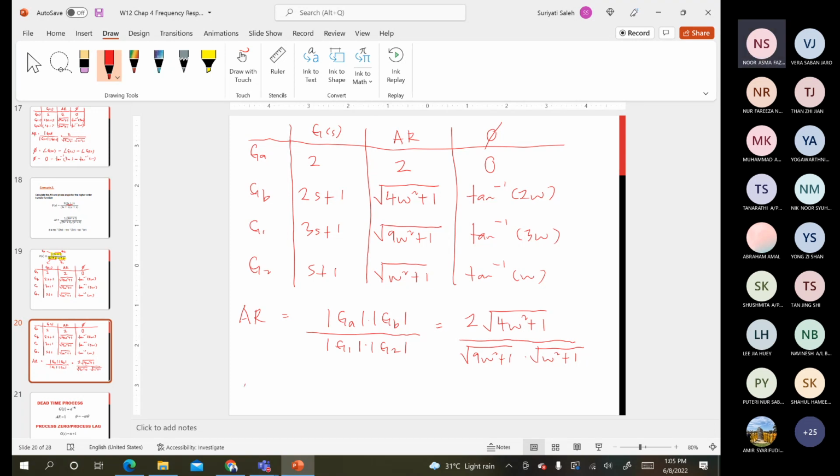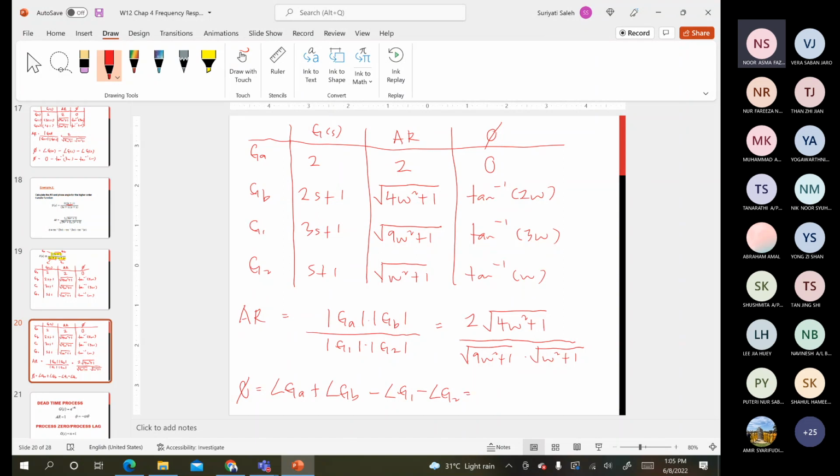And lastly, the angle. So you have angle at the top, GA plus GB. So you combine all of the angle at the top minus all angle at the bottom, G1 minus the G2. Angle at the top minus angle at the bottom.